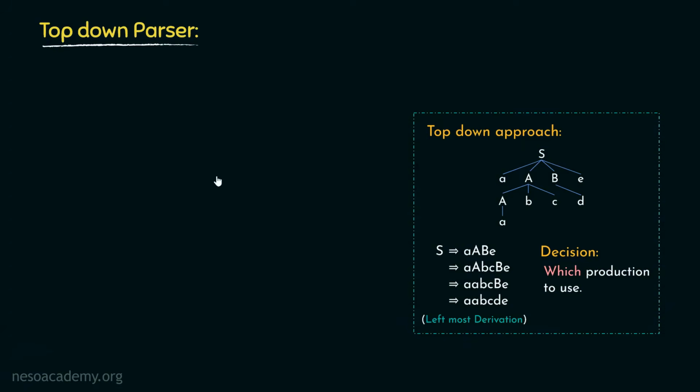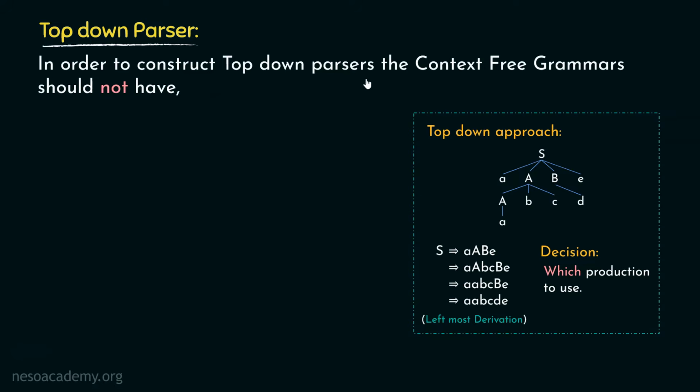So let's observe the top-down parsers now. In the previous session, we came to know that the top-down parsers use the top-down approach of generating the parse trees. In this approach, it uses the leftmost derivation, and the decision it has to deal with is which production to use. Now, in order to construct a top-down parser, the context-free grammars should not have left recursion and any kind of non-determinism.